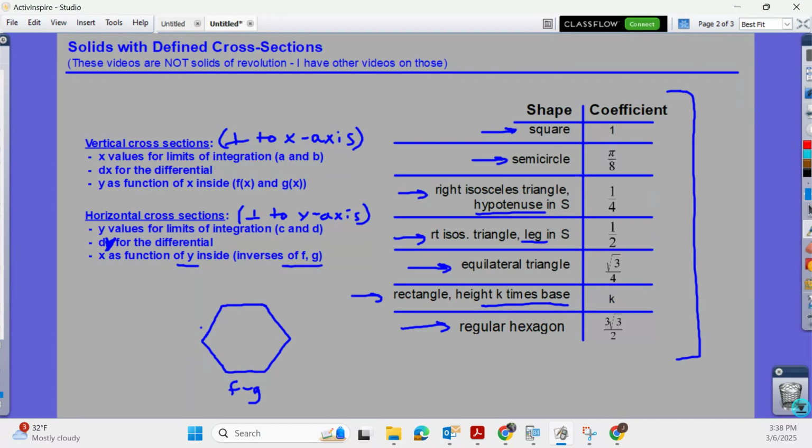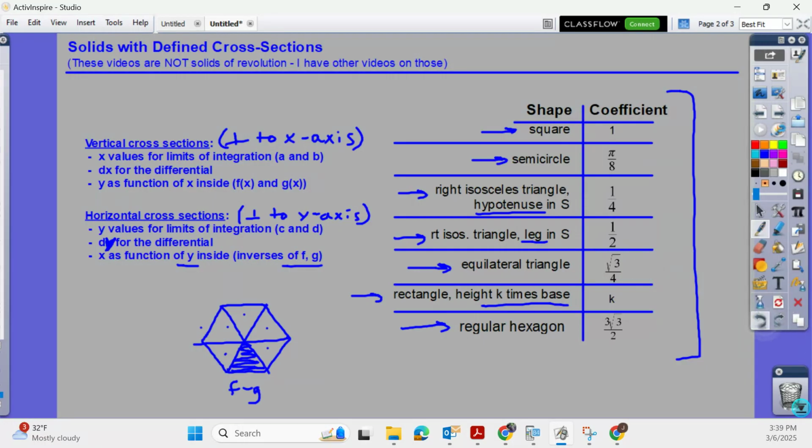We can integrate it. If you take a regular hexagon and you do all of the bigger diagonals going across, you create 1, 2, 3, 4, 5, 6 equilateral triangles. And each one of those equilateral triangles is the same as this equilateral triangle. So the area of a regular hexagon with side length s is exactly 6 times the area of an equilateral triangle with side length s.